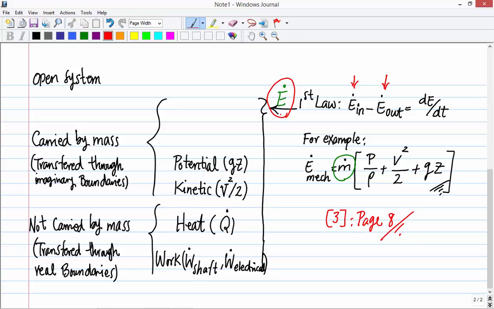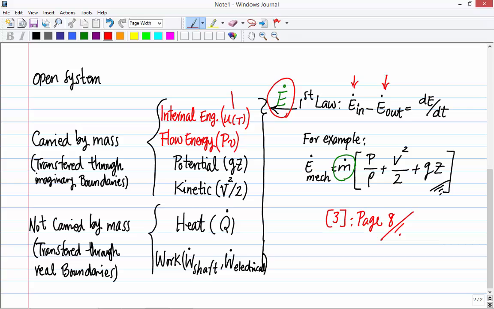Here I would like to add two more types of energies that are flow energy, which is PV, right, and we have internal energy, which is represented by U, which is only a function of temperature.